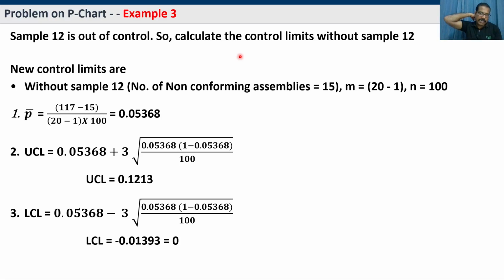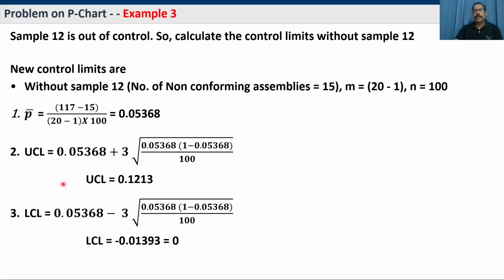Since m into n was 100, but m is instead of 20, you have to eliminate one. So 20 minus 1, 19. Sample number 12 has 15 defectives, so you are removing that, and then you get the new P bar.